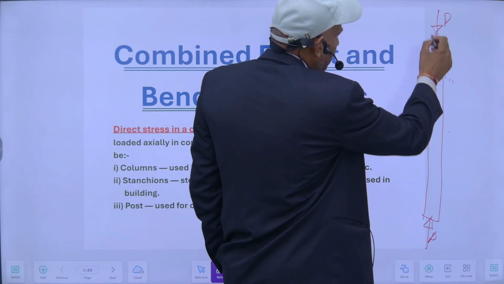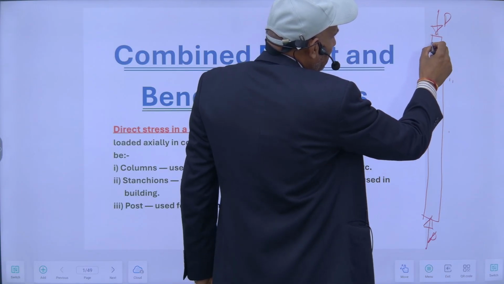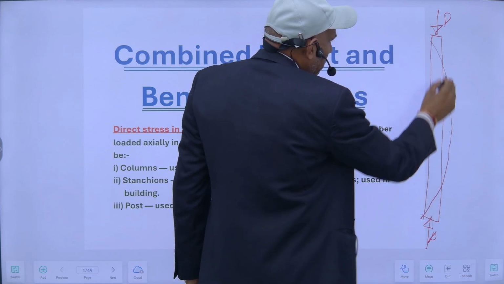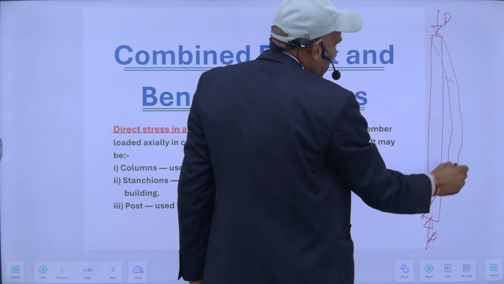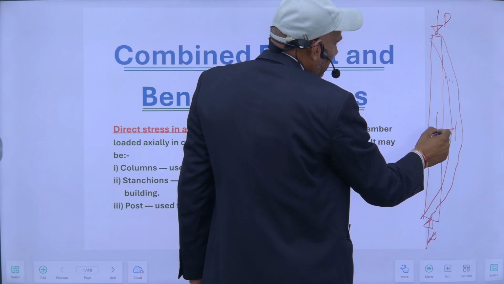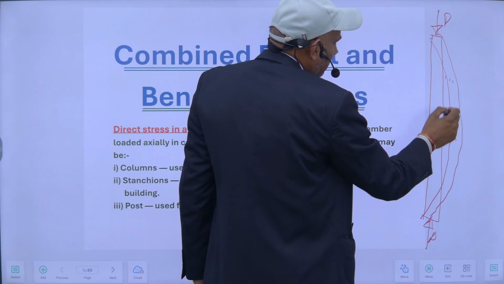It has a tendency to deform like this, so there will be some buckling here.